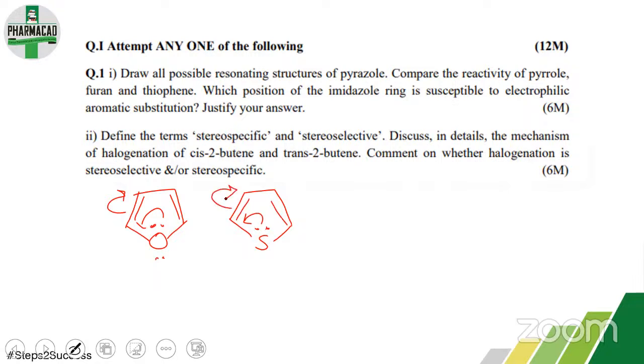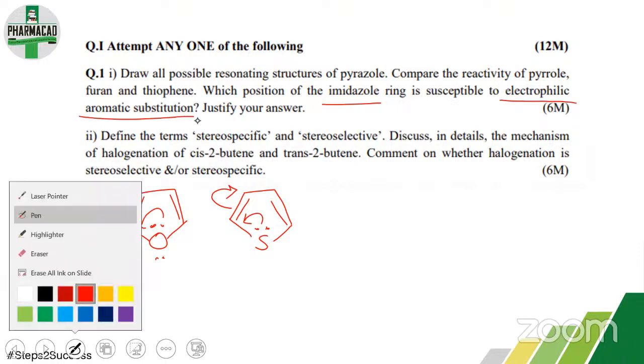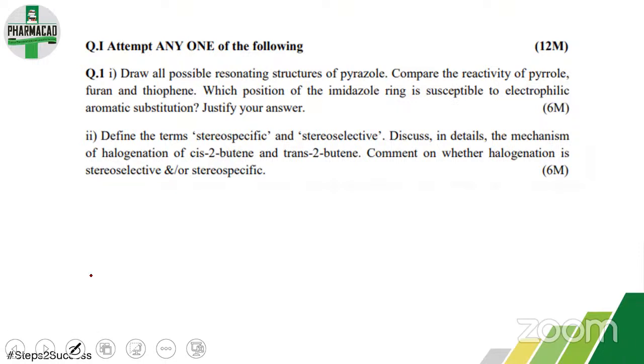The next question: which position of the imidazole ring is susceptible to electrophilic aromatic substitution? Now see, what is imidazole?